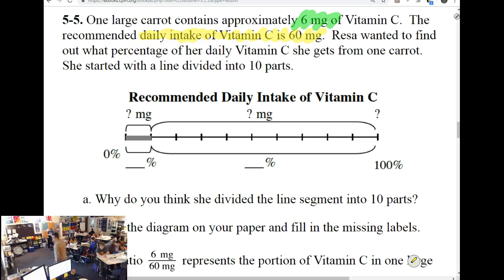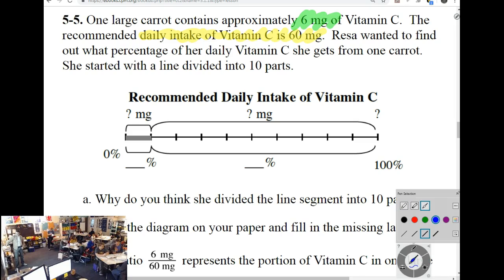Nathan, can you tell me one place to put one number up here? So if we look at this, the yellow highlighting, if our recommended daily intake, it's like all of it, right?